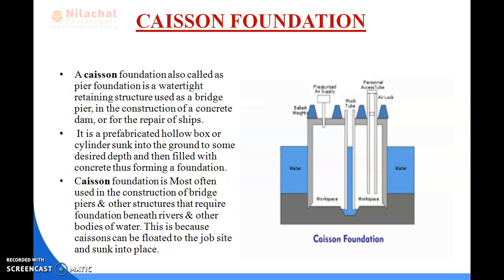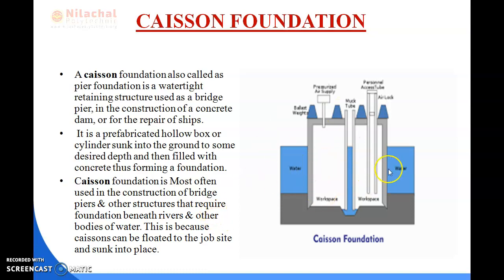Which one is your caisson foundation? Okay, this is the picture of your caisson foundation. See here, caisson means what? Box. Okay, so a caisson is a box made up of reinforced concrete. The inside of the box is kept hollow. Caissons are watertight structures and are employed where the foundation is underwater.